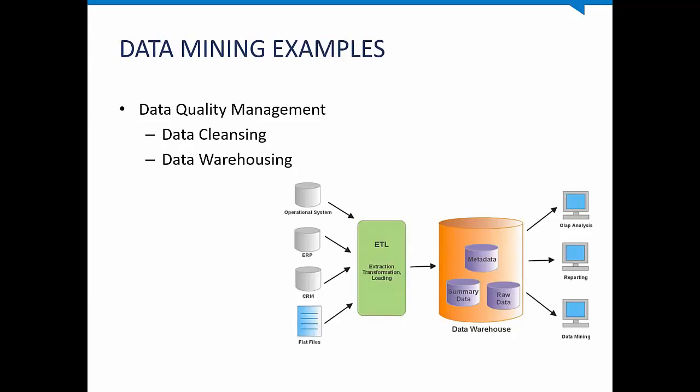Now, regardless of your industry, there are some problems that will occur universally. Whether we want to tackle the challenge of data quality, you can use data mining to help clean data by identifying common typing errors.